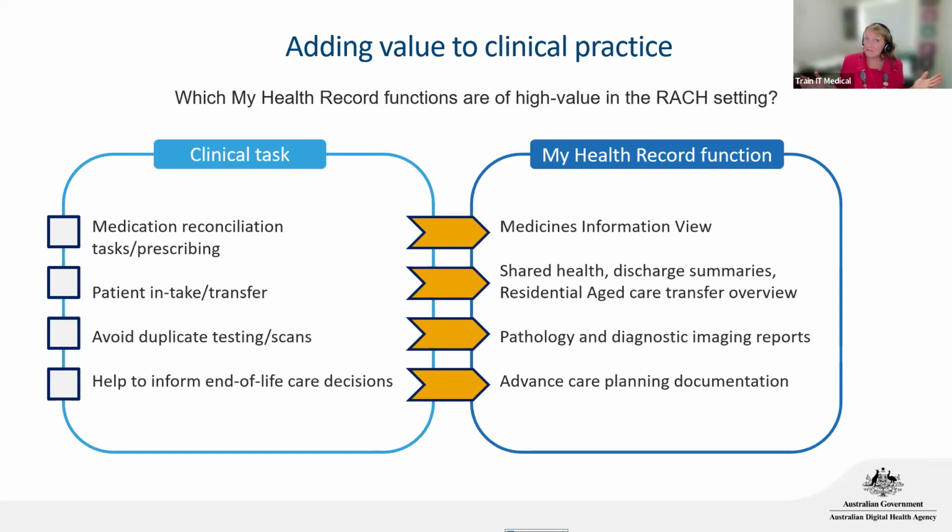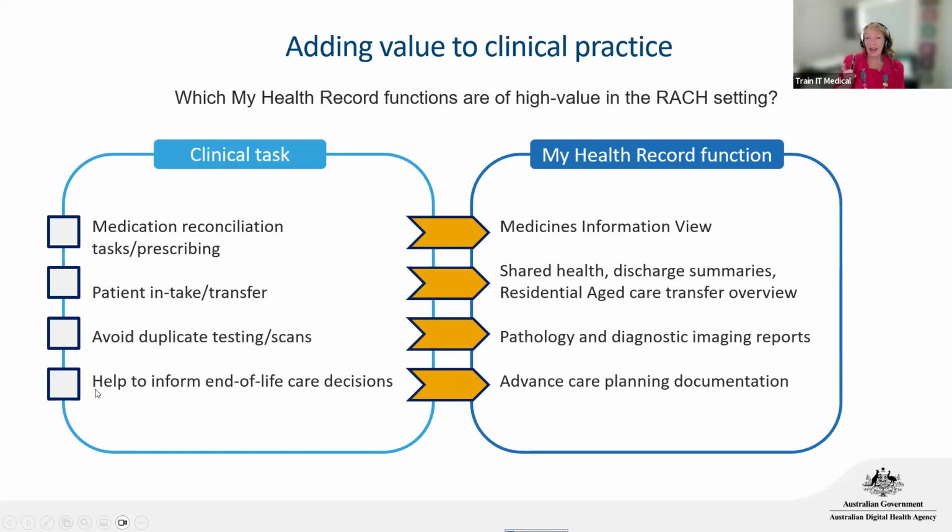Maybe she probably needed to do it again anyway, but we often do tests again because we can't find the results. So that is a very big benefit of My Health Record, accessing those reports.